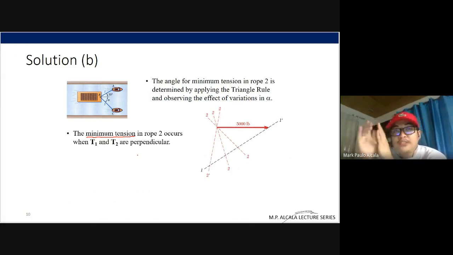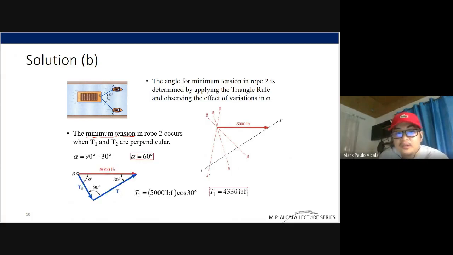So opposite the 90 degrees will give you the maximum magnitude, and opposite the minimum angle is the minimum in magnitude. In that case, this will be our triangle. We want T2 to be minimum, and opposite of 30 degrees is the minimum.